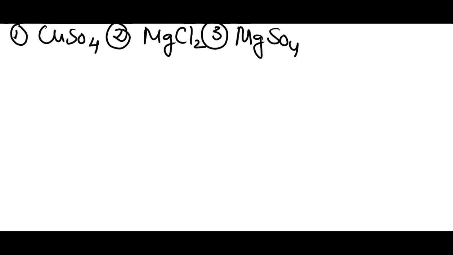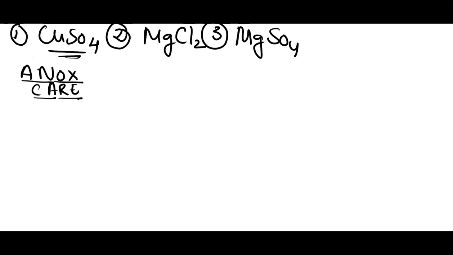So let's start with copper sulfate. Now, as I have already discussed with all of you, we have to remember this mnemonic, that is anox care. In this one, we have anode undergoing oxidation and cathode undergoing reduction. Just recall what we have learned.